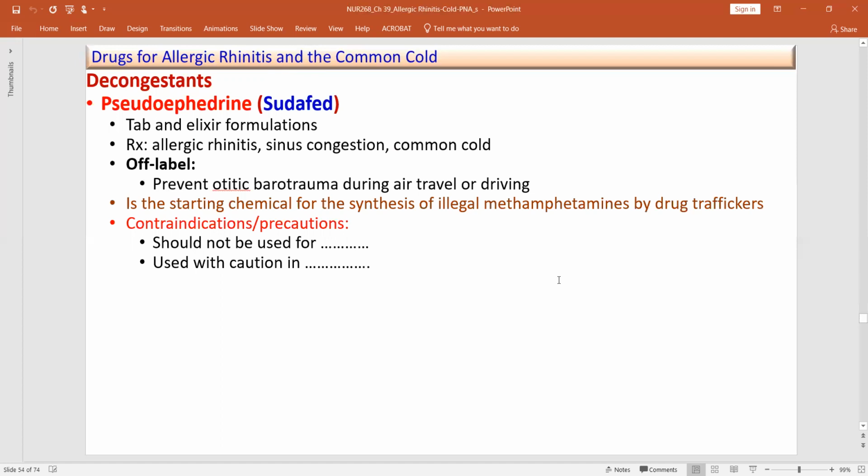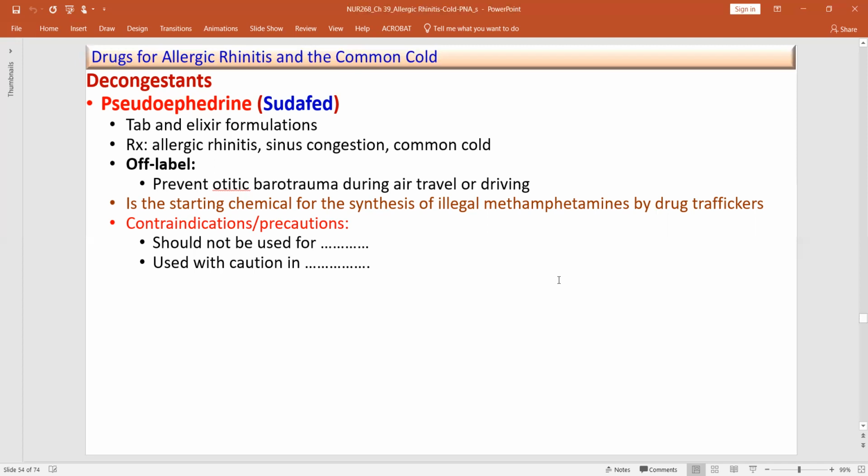So any Sudafed purchased has to be documented, and the pharmacist should keep a log of the patient's names, addresses, and IDs, as the law requires, and we have to be compliant with this.